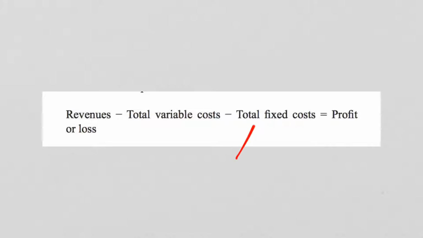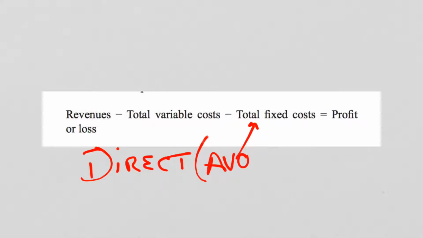Keep in mind that in Chapter 7, when we are approaching problems, we need to differentiate between different types of fixed costs. There's something called the direct fixed cost, which is also known as avoidable. There's some other terminology meaning the same thing, but I want you to get used to the fact that there are some interchangeable terms.